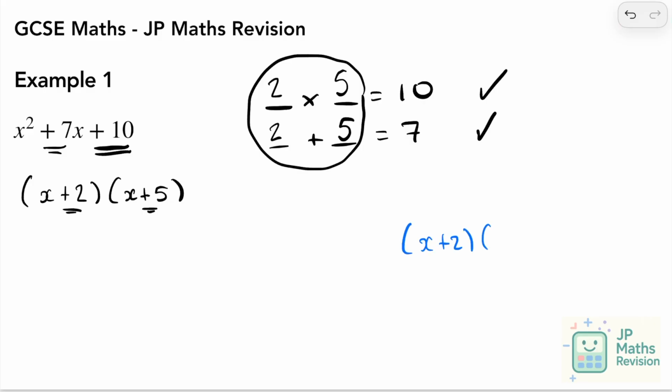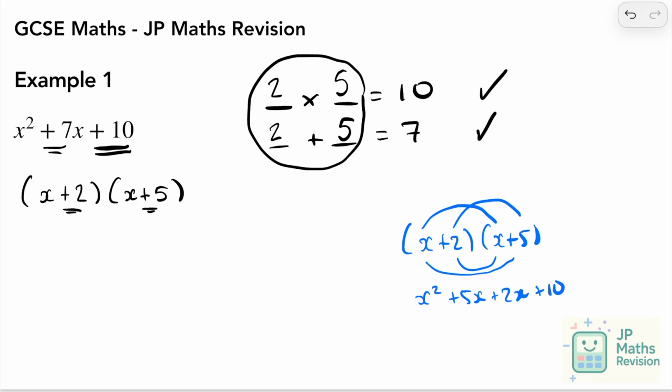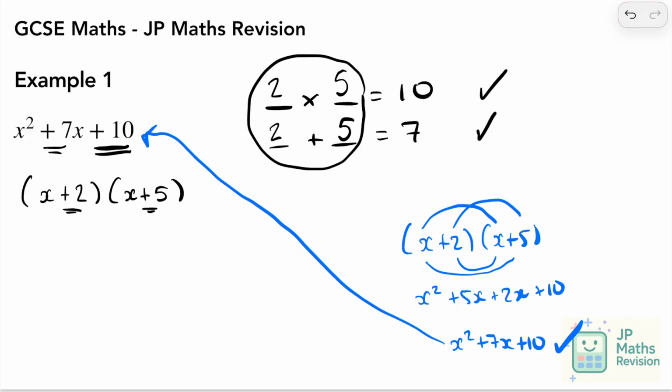So x plus 2 times x plus 5 using our FOIL method. x times x is x squared, x times 5 is 5x, 2 times x is 2x, and 2 times 5 is 10. If we simplify that, we have x squared plus 7x plus 10, and that is the expression that we're trying to factorise in the first place, and so we know we've done it right.